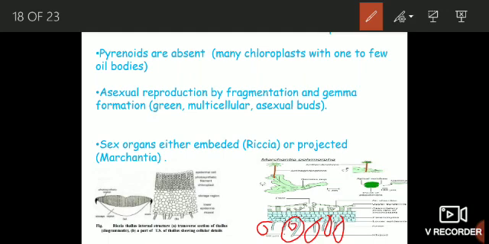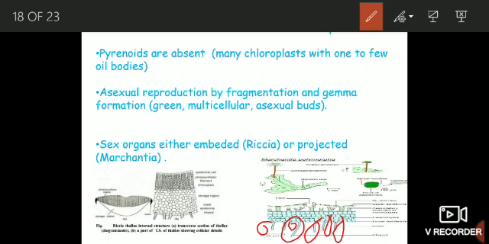Okay. The function of rhizoids and scales is absorption of water and the scales help in preventing the desiccation of the thallus. The scales absorb water, and this helps in preventing the desiccation, drying of the thallus. Okay.